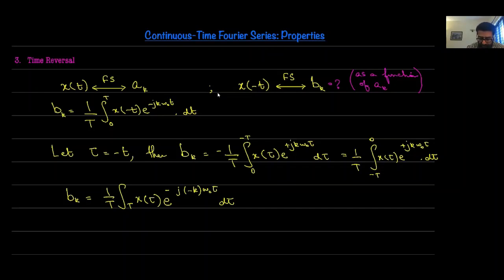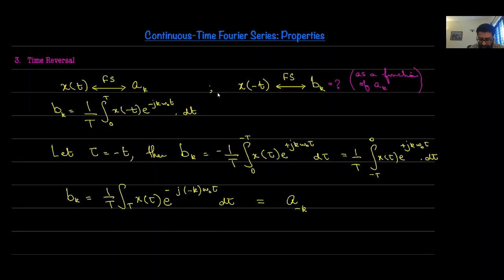So there you have it. What you can clearly observe is that this expression looks very close to the expression for a's, except that there's a minus k here. So what I conclude is this is nothing but a of minus k.